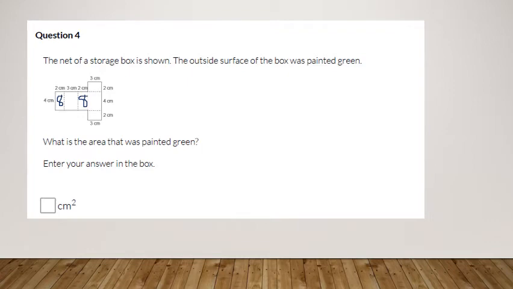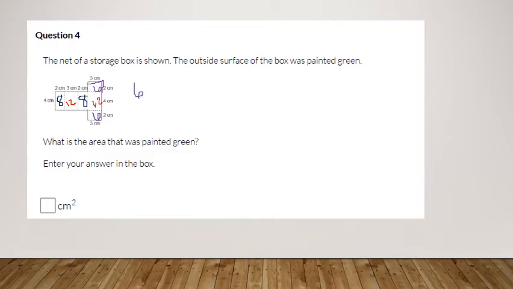Then I see this one is 3, notice on the top, by 4. And I see the same one right here. It's 3 by 4 as well. 3 times 4 is 12. And then I just have 2 boxes left. Up at the top, I see this one is 3 by 2. 3 times 2 is 6.